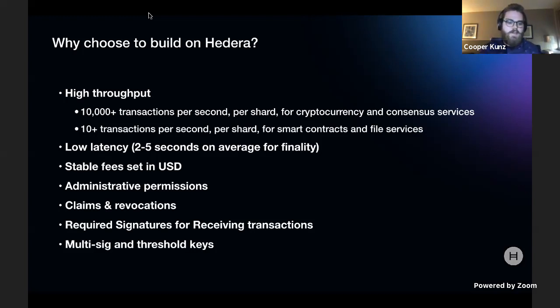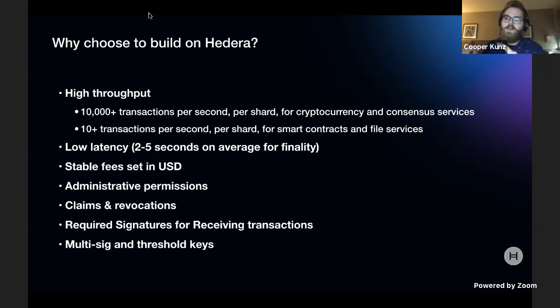The required signatures is something that not a lot of people talk about. But basically on Hedera with your cryptocurrency accounts, you can actually define keys that are allowed to send you money. So if I'm an organization and I have legal agreements with 3 other companies that I'm planning on using Hedera with, I can have their public keys be attached to my account.